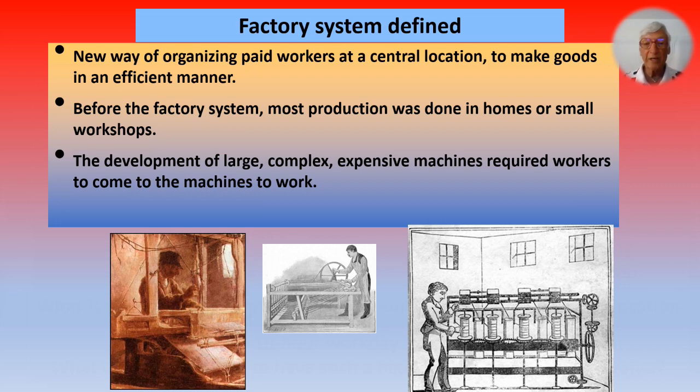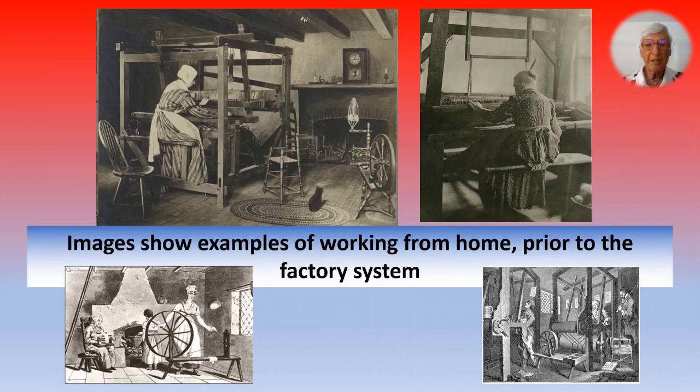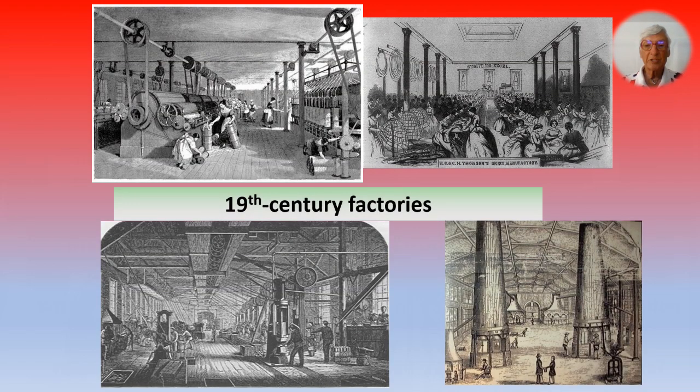Now they did it in big factories. Factories displaced traditional artisans. Here we see some examples of working from home prior to the factory system. The factories that were developed were large, dirty, miserable facilities with no concern at all for individual workers' welfare.